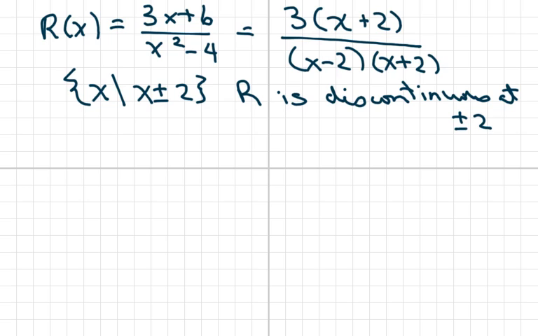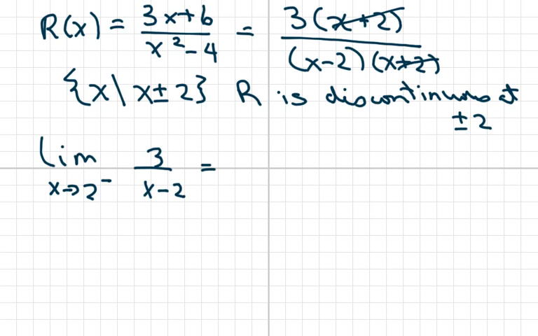at plus or minus 2. Now, it's either going to have an asymptote or a hole there. So what we're going to look at is the limits. We're going to look at the limit as x approaches 2 from the negative side. And when you cancel this out, you're going to get 3 over x minus 2. So when you take the limit here, meaning all numbers from the left of 2, that would be 1, 0, negative 1, and so forth.